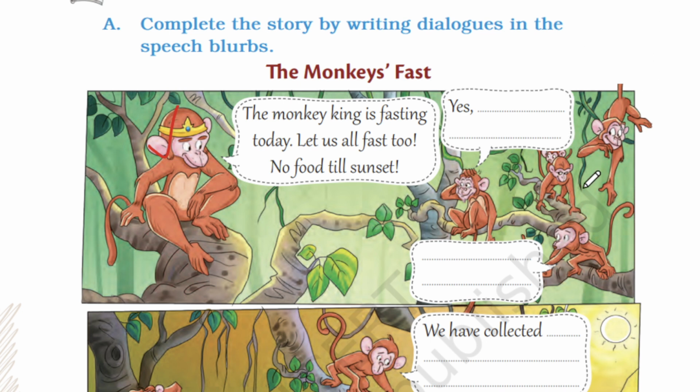So here we have a conversation going on. See, this monkey is telling yes. So you can continue like yes, my lord, or yes, my king. I am very interested to start my fasting. Or else you can also write yes, I'm thinking whether I can starve for the whole day.